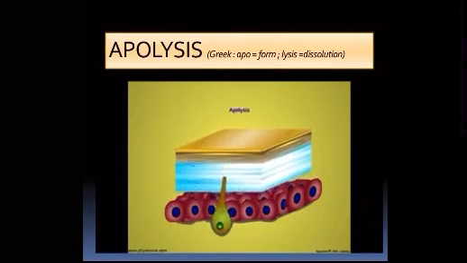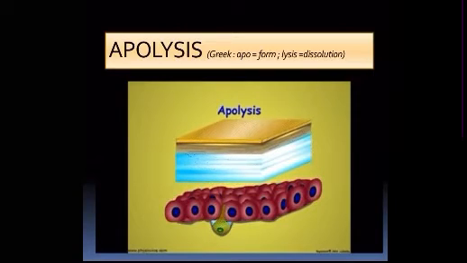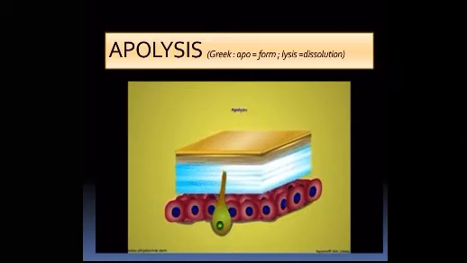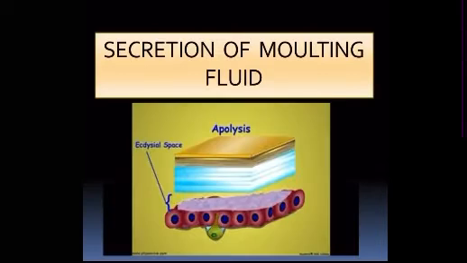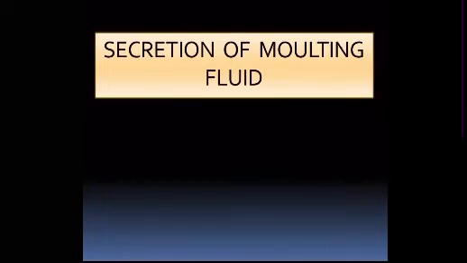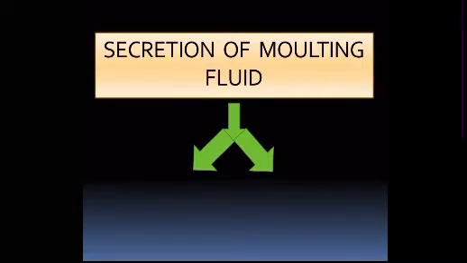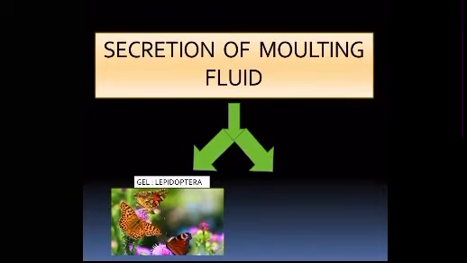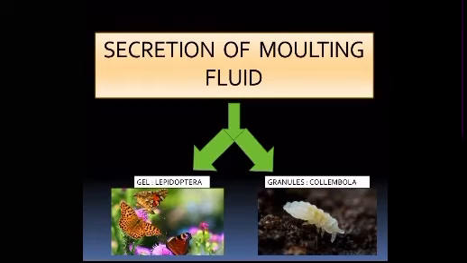The ecdysial space is then filled with molting gel or granules, which contain inactive chitinase and proteases. This molting fluid can be basically of two types: the gel, which is found in Lepidopteran insects, and granules in the case of Collembola order insects.